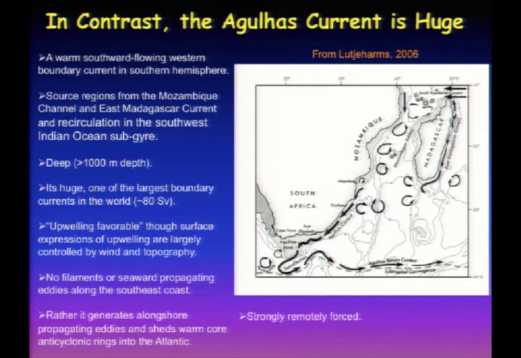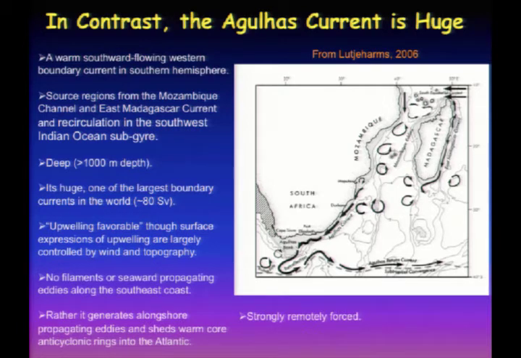And let's see, what else? Another interesting property: the Leeuwin current, we get all these seaward propagating eddies and filaments. The Agulhas doesn't really do that at all. It doesn't produce things that go east, okay? But it does produce alongshore propagating eddies, and we'll talk a little bit about that.